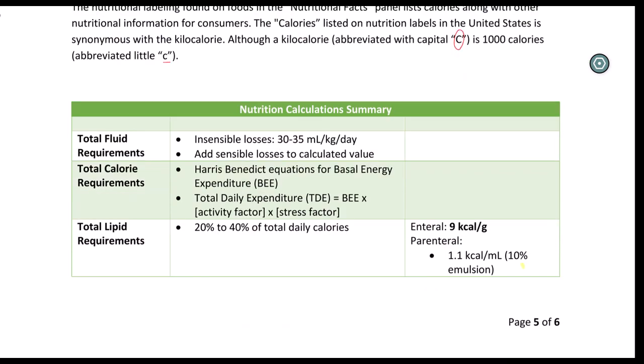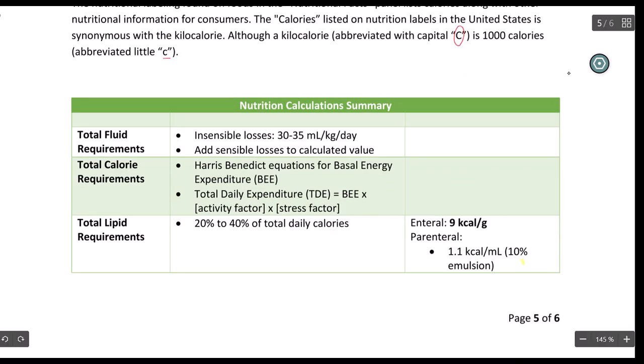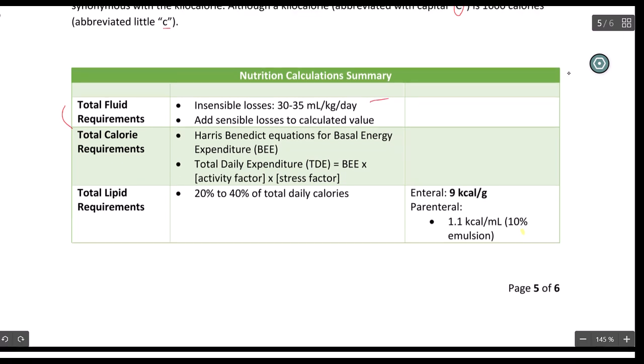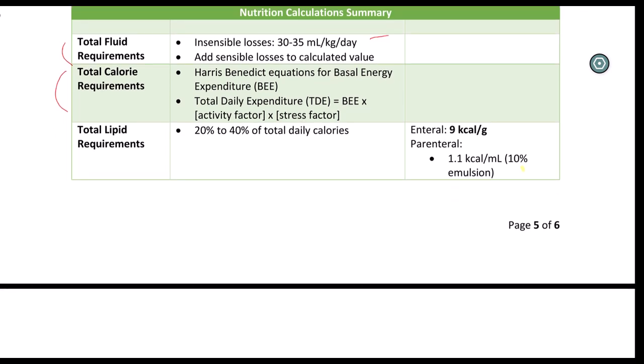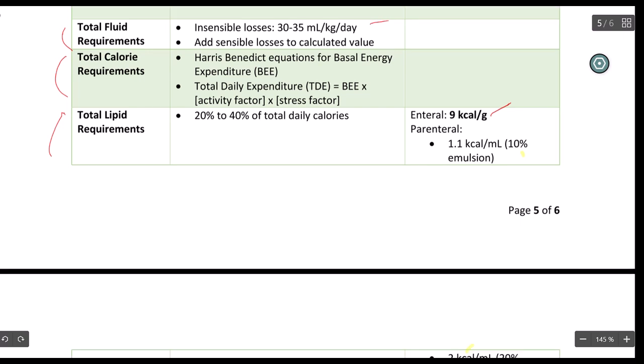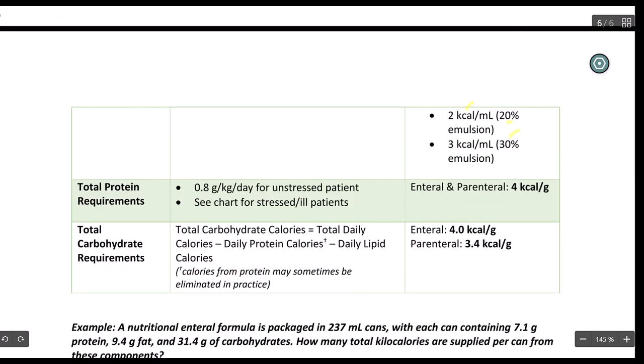Okay, so if you're looking at total fluid, we know that it's 30 to 35 milliliters per kilogram. We know how to do the total calorie requirements per day, both for basal and total. We know that the total lipids is 20 to 40. Lipids give you 9 kilocalories by mouth, and you get different amounts when you're using the emulsions, which will be given to you.